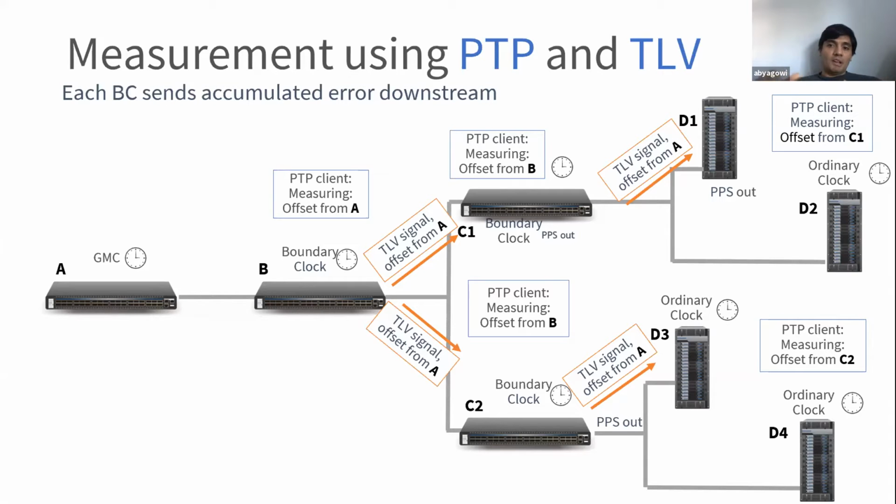You don't have a clear cut, like the same switches; the direction of the timing packets is basically determining which way they're going. So having a clear TLV in these machines can really help the clients know what is going on.